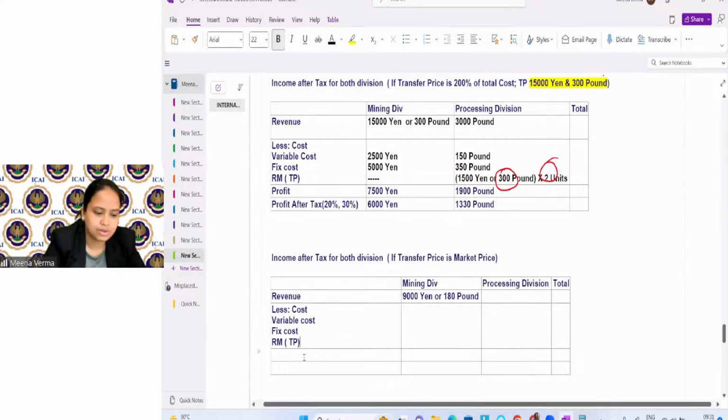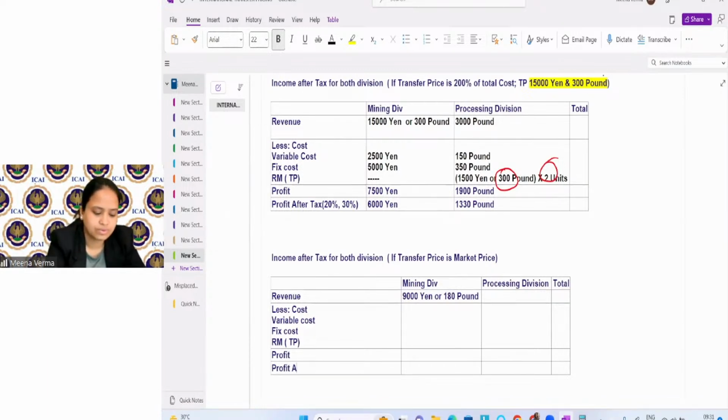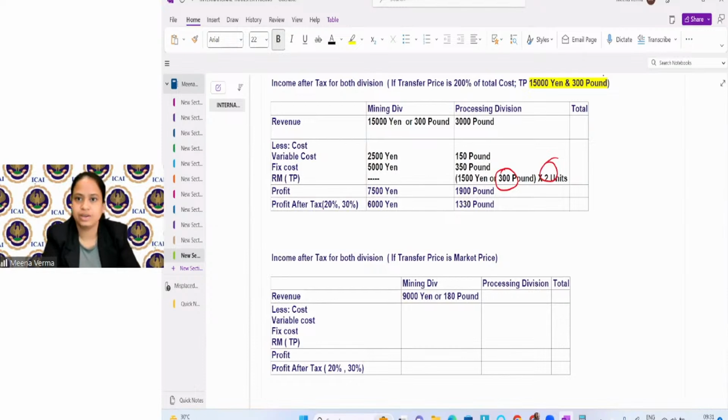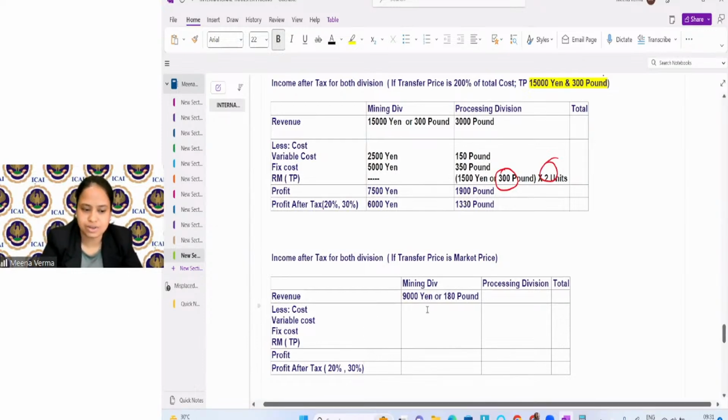Will give you the profit and then profit after tax. Right, which is what? 20% and 30%. So this will be coming here.